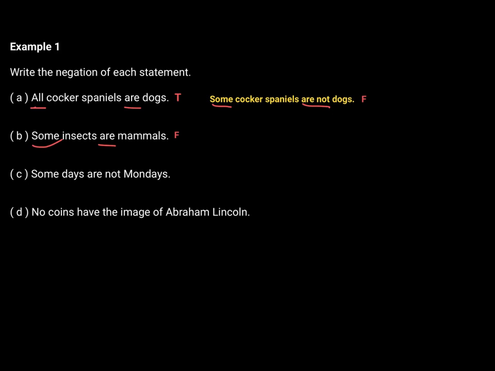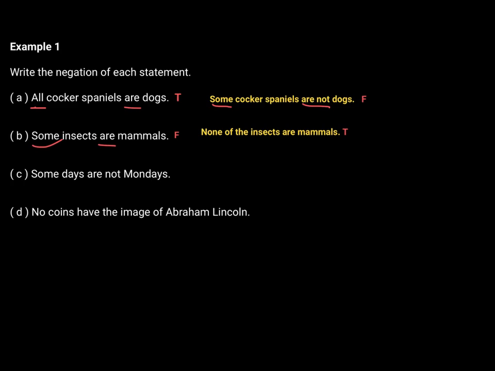The negation of some are would be none are. Therefore, the negation has to be none of the insects are mammals. Another way to say that, of course, is no insects are mammals. You can say it that way as well. And this is a true statement.